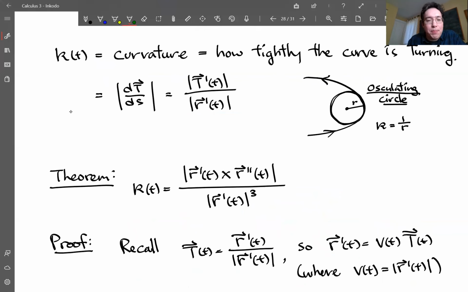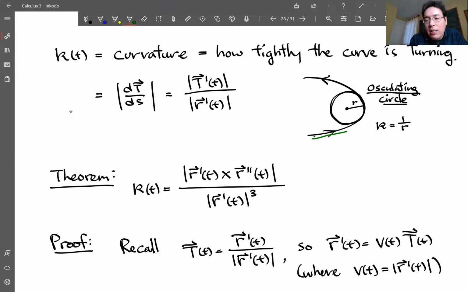All right. So now I want to talk about curvature using this idea of local coordinates. So the curvature is how tightly the curve is turning. This is a geometric definition of it.